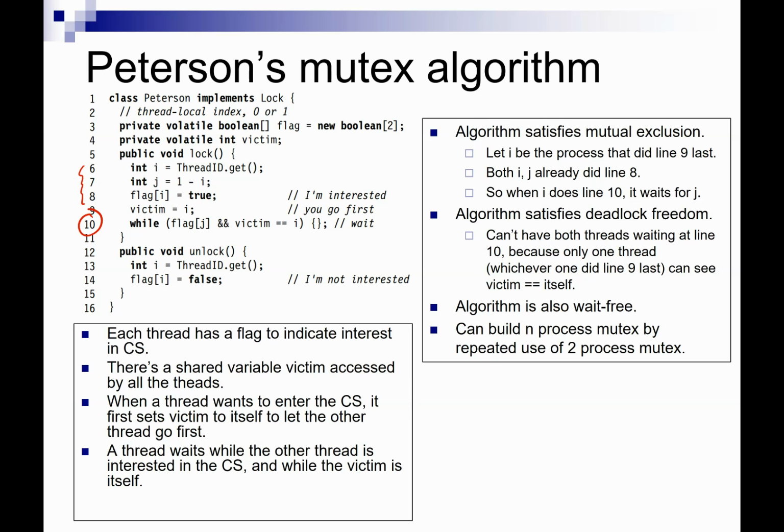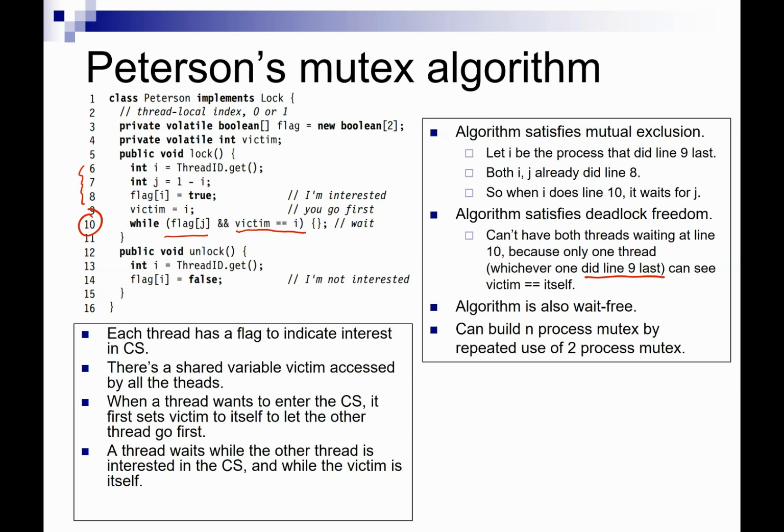The only way you can be stuck is at line 10, in the while loop. But you cannot have both threads stuck, because the thread that did line 9 last set victim to be himself. So only that guy can have both conditions be true: victim equal to himself and seeing the other guy's flag.